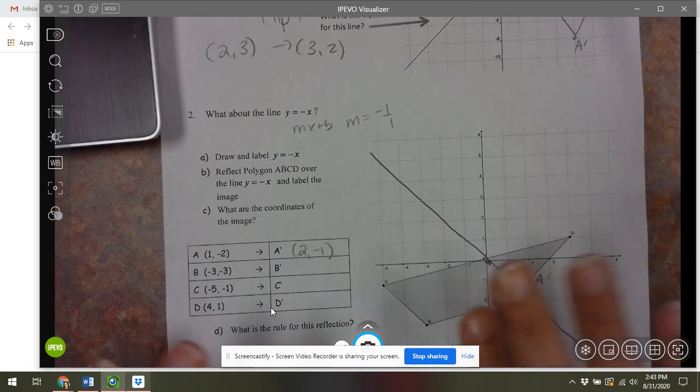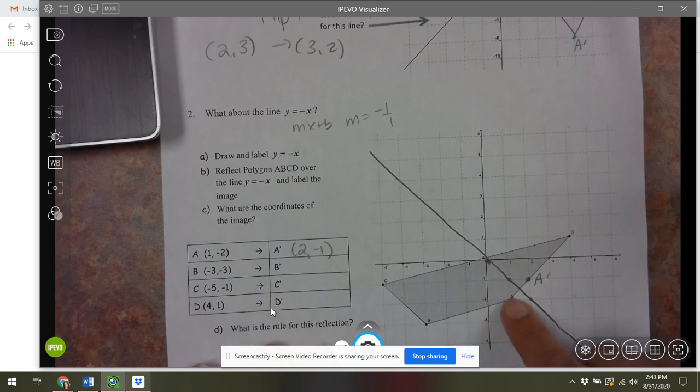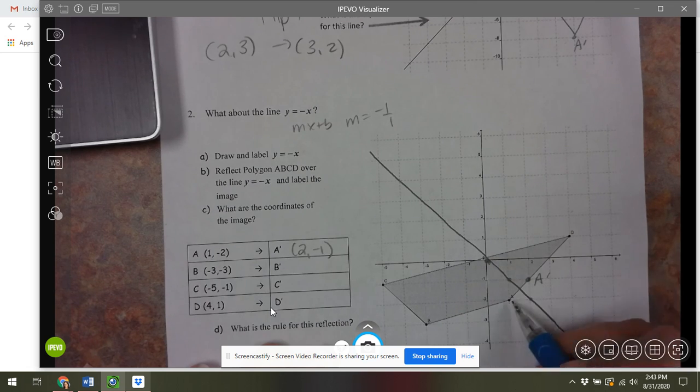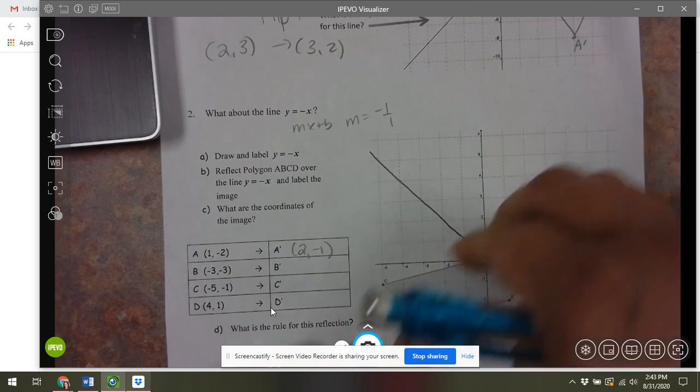The whole shape flips. So I know A, if it starts on this side of the line, has to be on the other side of the line, the same distance away. B is the point -3, -3. So to get to the line, it's got to be over here on the other side.